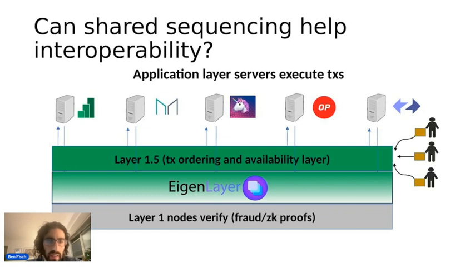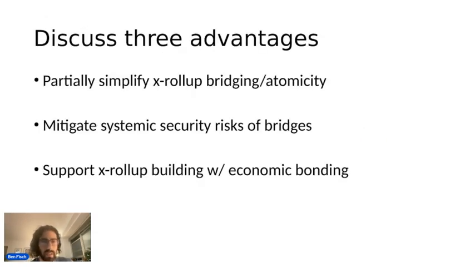I will discuss three advantages of doing so. The first has to do with partially simplifying cross-rollup bridging and atomicity. The second has to do with mitigating systemic security risks of bridges for the rollup ecosystem overall. And the third has to do with cross-rollup building.